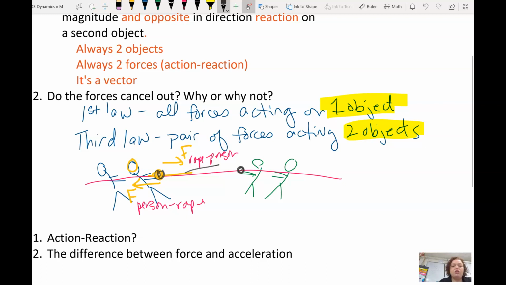Okay, so we've got person on rope, rope on person, and then what's going to happen?